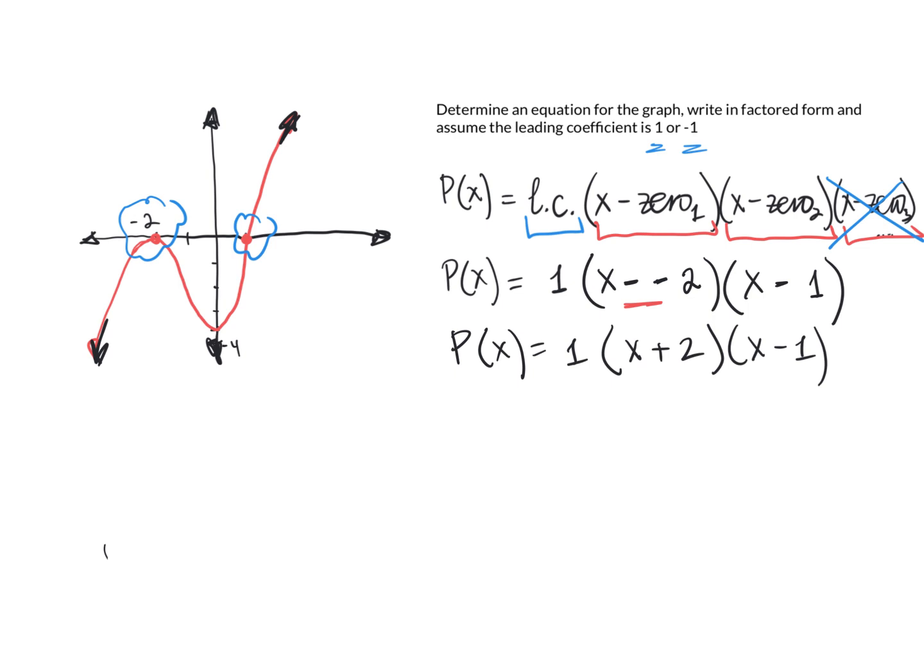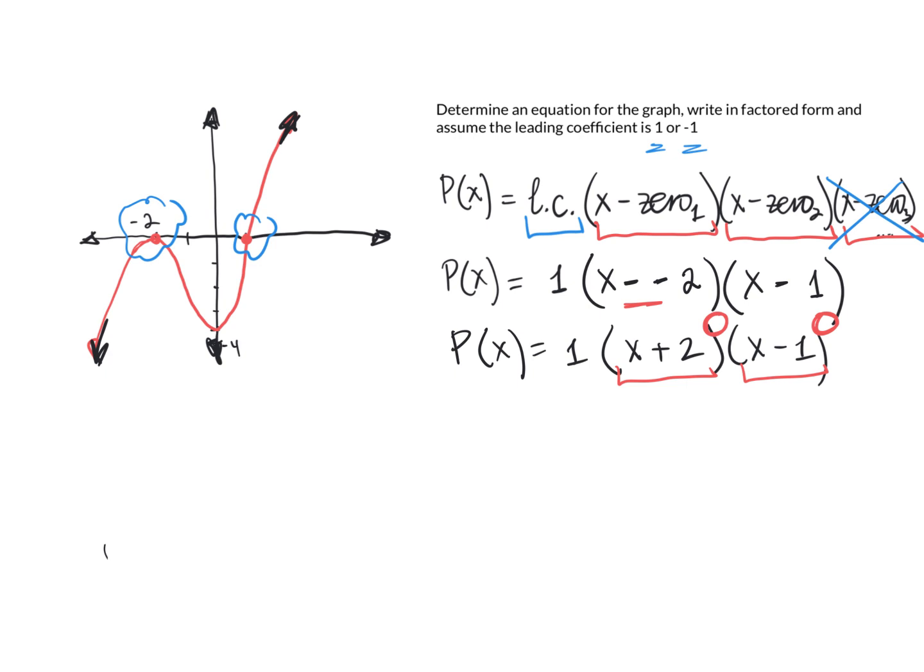Sometimes the factors, and by the factors again I mean each set of parentheses, the x plus 2 and x minus 1, sometimes they will have exponents. So sometimes we'll have to add an exponent here and maybe here. Those exponents are called multiplicities of each zero.